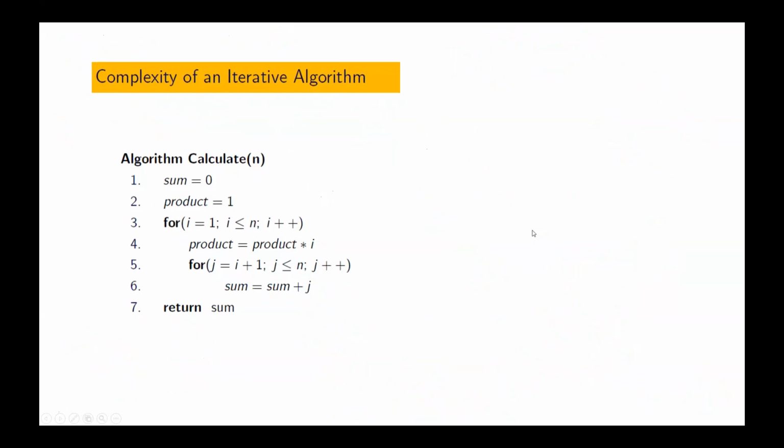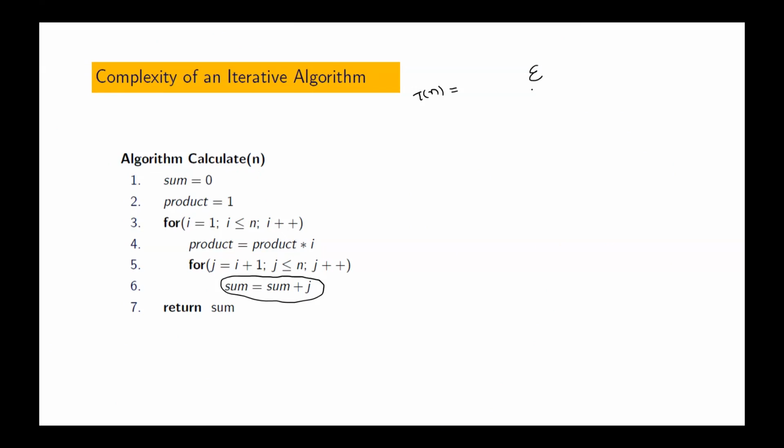Now, please tell me what is the answer we get here. What is the number of times this operation is performed? That I call T of n. Directly, please tell me what is T of n? Not n square.